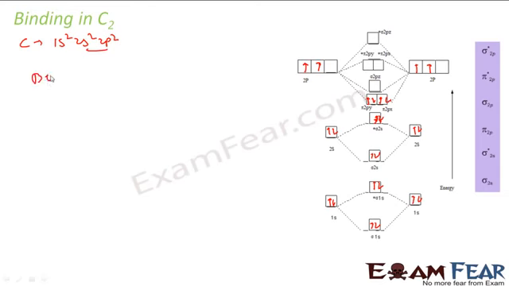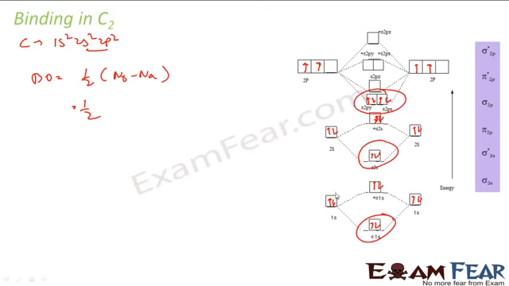So let's find the bond order. 1 by 2, bonding minus antibonding. How many bonding? This is bonding, this is bonding, and this is bonding. 2, 4, 8. 8 minus antibonding is 2. With this 3. Correct?